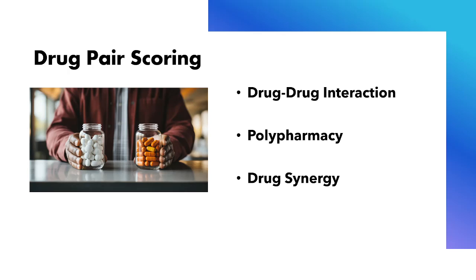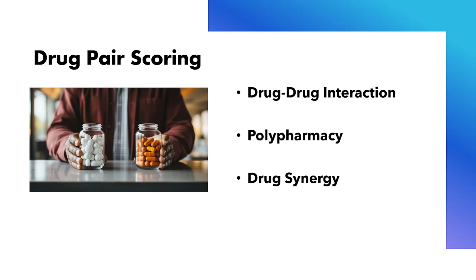So, what is drug pair scoring? This is a process of actually finding the outcome when two or more drugs interact under a certain context. The context in this case would be a biological life form, perhaps a virus, or it could be another chemical such as a drug.